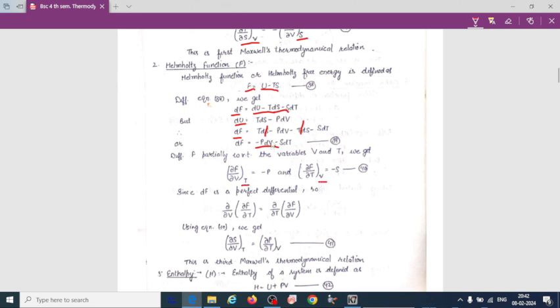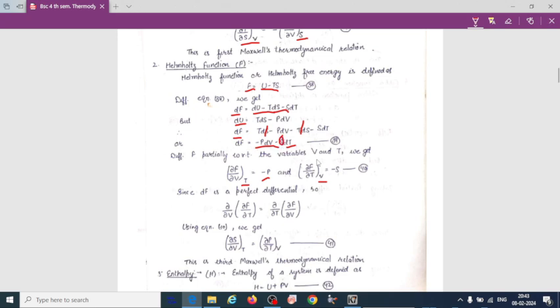In the first term, minus P dV, we get the equation for pressure at constant temperature, that is negative.